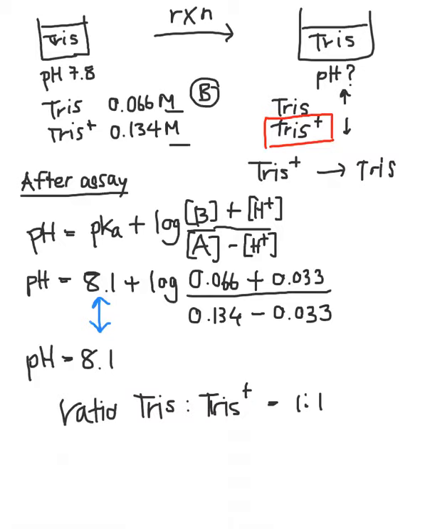Instead of using this modified Henderson-Hasselbalch equation, you can also use the ICE table to determine the deduction and the addition of the proton, right? If the proton is being consumed, it means that you also generate hydroxide ion at the same amount as what you consume from the proton.